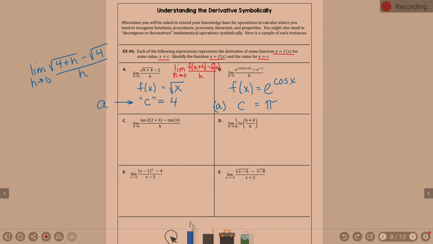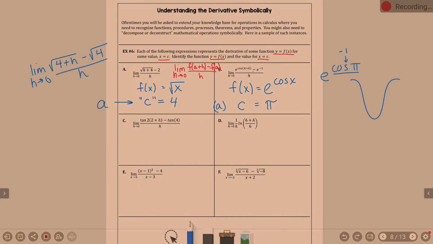So if this is e to the cosine x, but it's f of a, so it's e to the cosine of, what are we saying a is? Pi. What's the cosine of pi? See, for me, this is what I do. I know you guys probably do unit circle, but the cosine of pi is negative 1. So does it work?